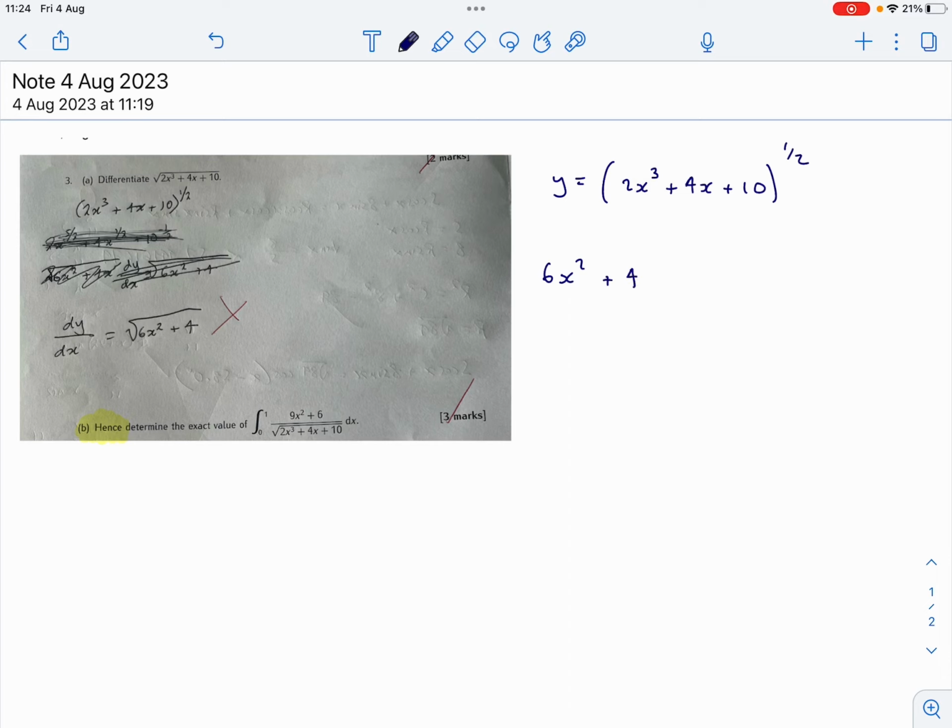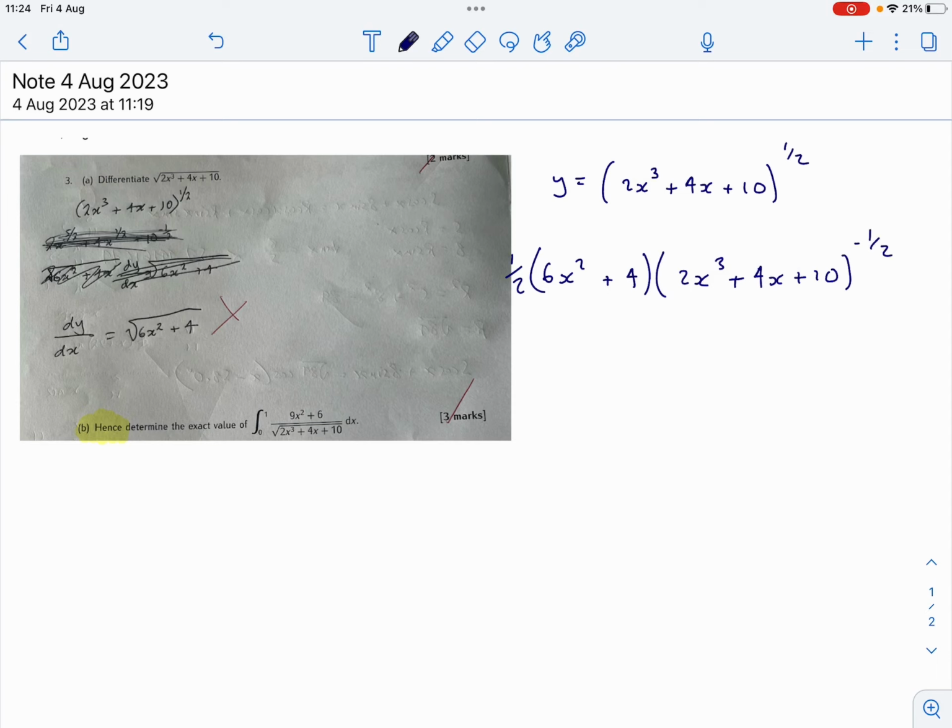And then I'm going to differentiate the outside function, which is just the square root. So that means that the power of a half would come down and multiply. And then I'd get all of this quadratic. I'd need to subtract 1 from the power, so that's to the minus a half.